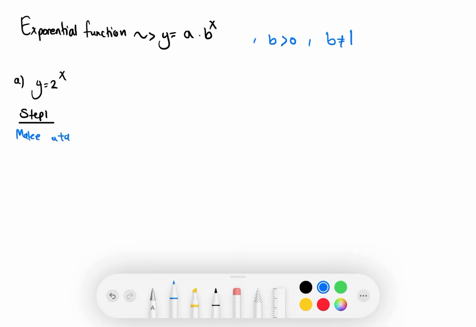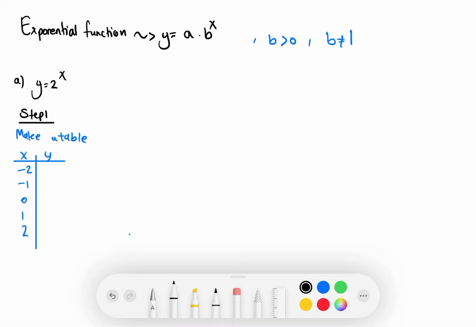You got the x and y value. After that, choose 2 points before 0 and 2 points after 0. For example, 2 points after 0 would be 1 and 2, so you put 0, 1, and 2, and then 2 points before 0 would be -1 and -2.